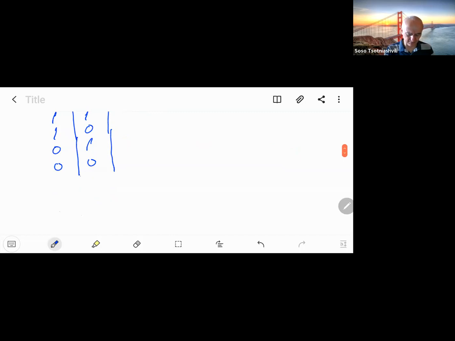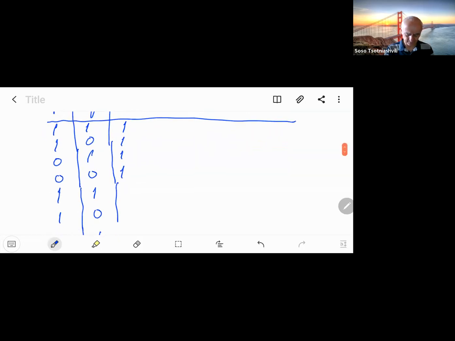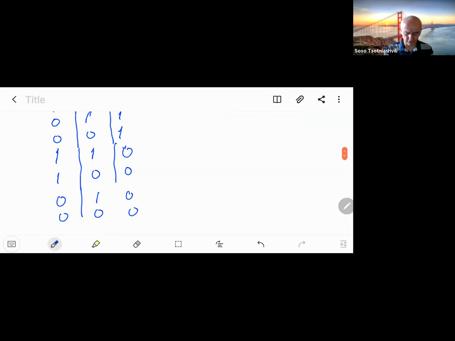Then copy them: 1, 1, 1, 0, 0, 1, 0, 0. And now for the first four, you can assign R true: 1, 1, 1, 1. And then 0, 0, 0, 0. So in this way, we will get 8 rows.